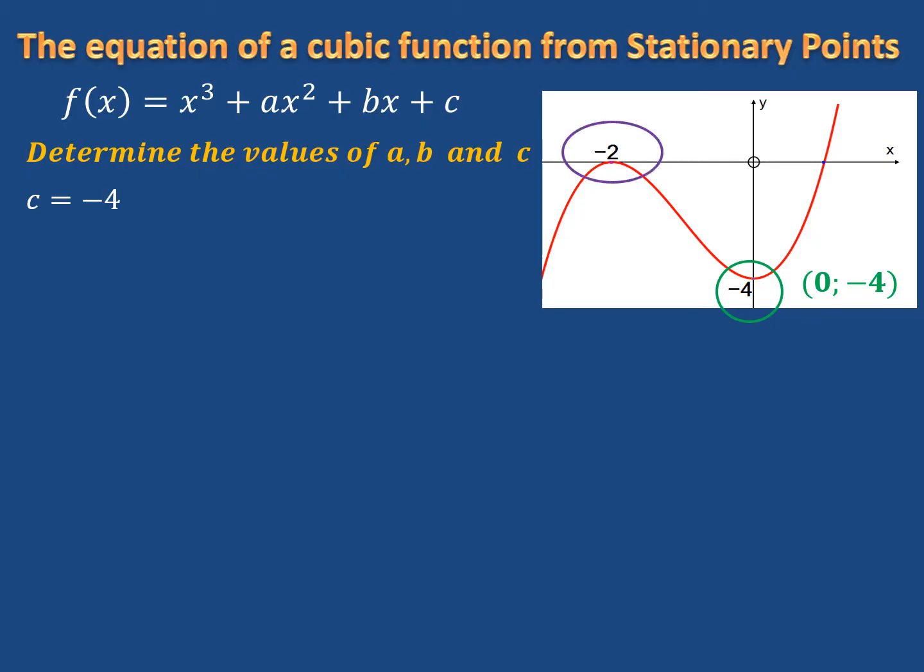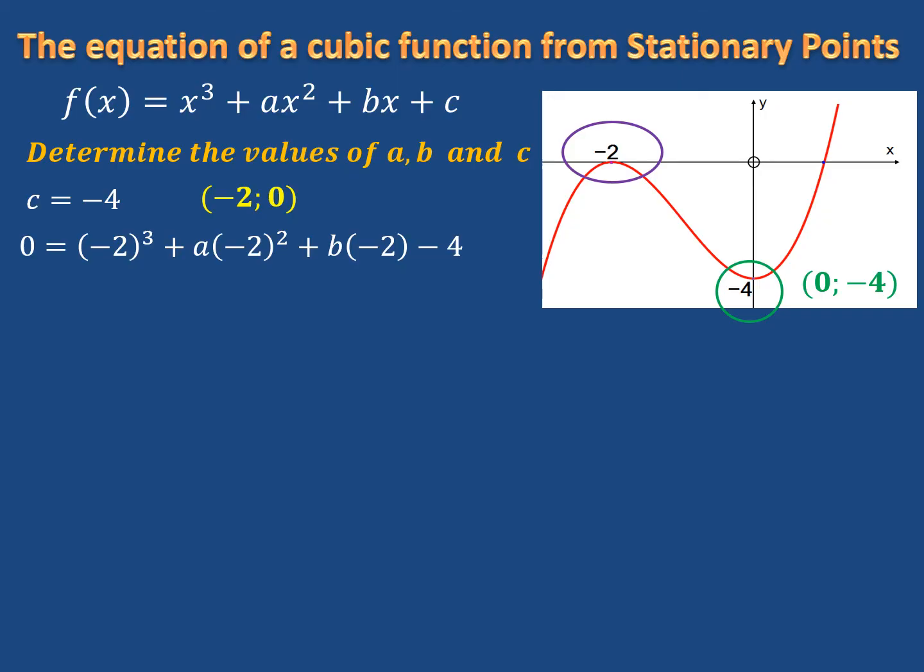Then we've got another point to work with, minus 2 and 0. So I'm going to substitute that into the original equation along with the c value of minus 4. And we end up with 0 is equal to minus 2 cubed plus a times minus 2 squared plus b times minus 2 minus 4.